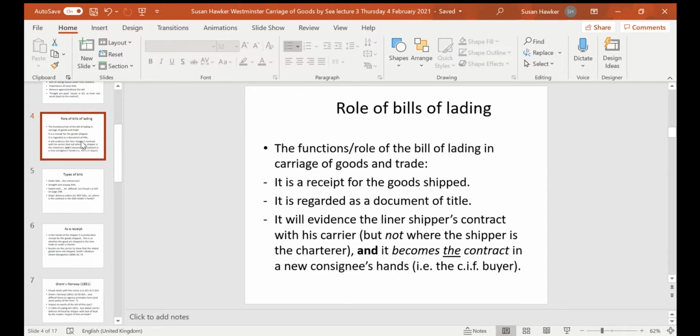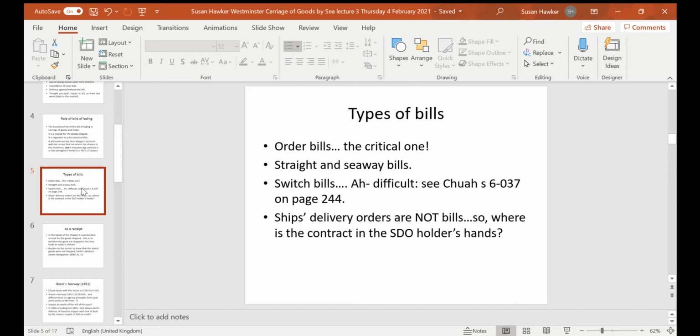This is the bill that once it is transferred to a new consignee hand, and it becomes the contract of carriage, it can actually be made out then to the order of that consignee. That is what an order bill is. It has either on the top order bill or under the consignee box, it has to the order of the consignee.